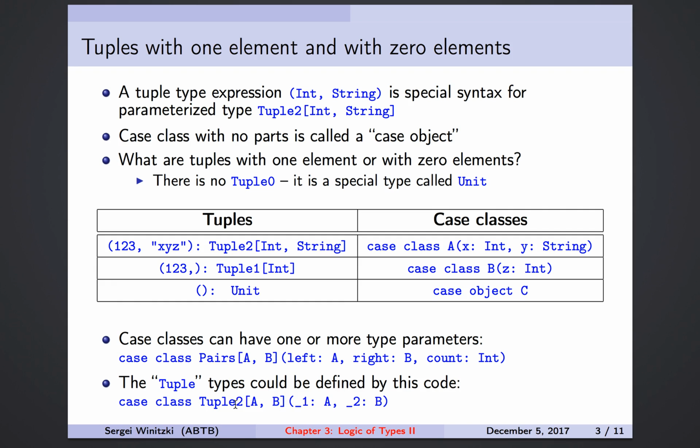And so, obviously, you could define the tuple types like this, like Tuple2 with 2 type parameters and names _1 and _2. And then the syntax would be value dot _1, that will give you the first value. And value dot _2 will give you the second value.